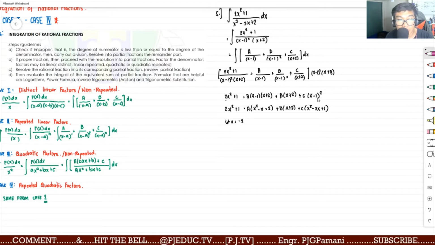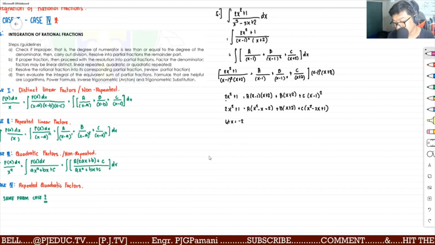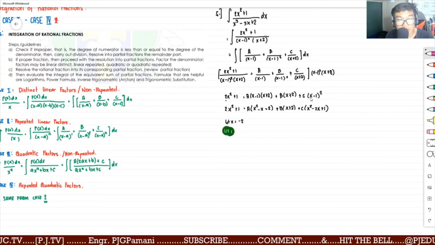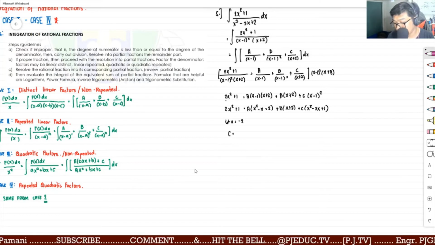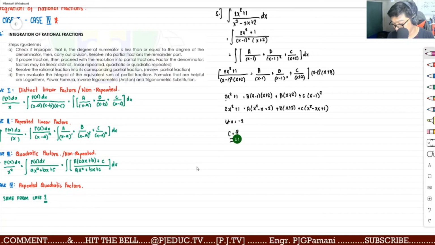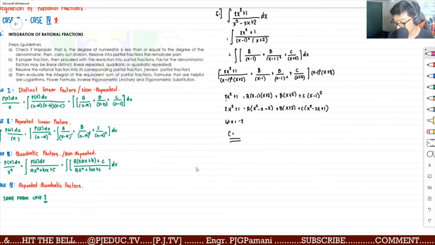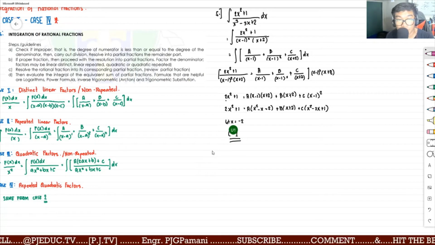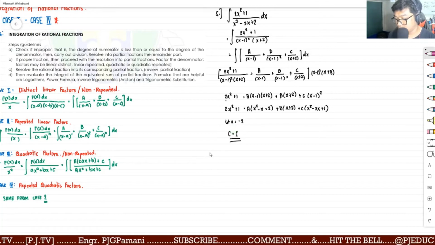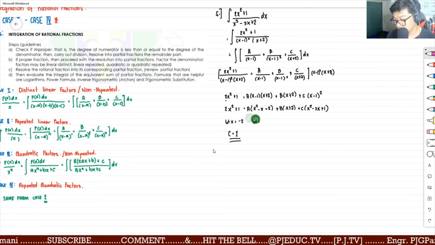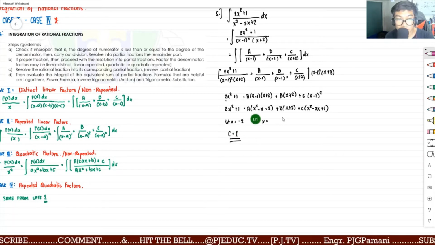Negative 2 minus 1, negative 3 squared is 9. So, anong value ni C? Positive 9C, positive 9, divide both sides by 9, gives us value of C equal to positive 1. Right? Alam nyo naman na yan. Hindi ko na isa-substitute, ipapakita manual.